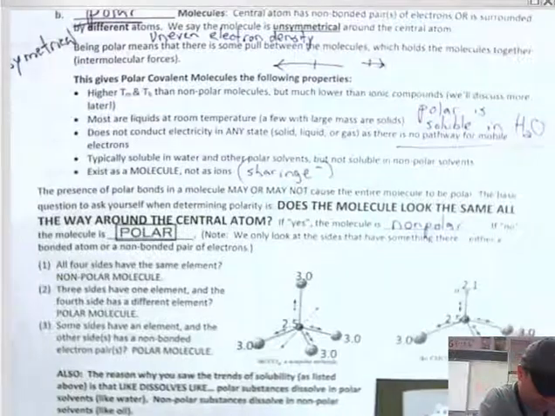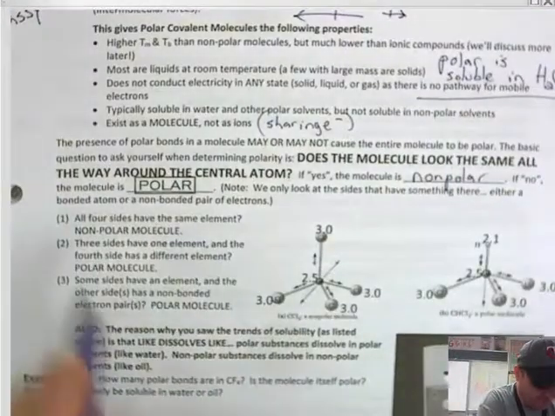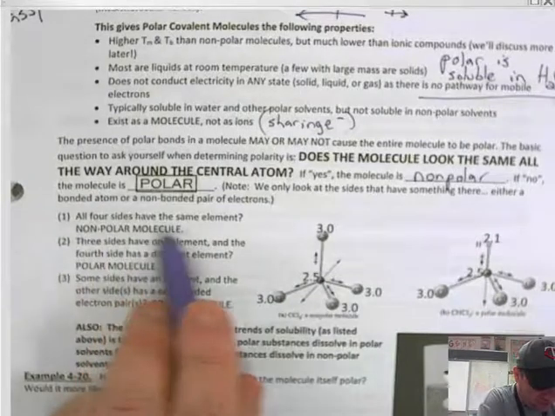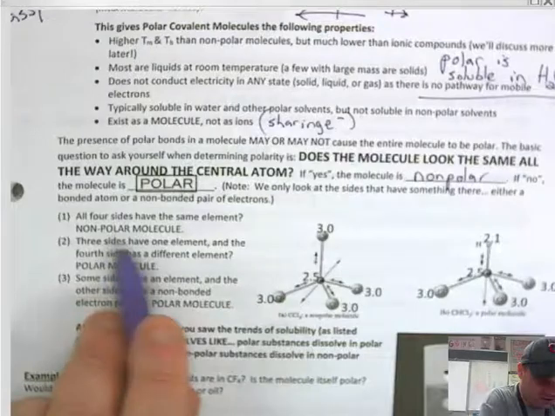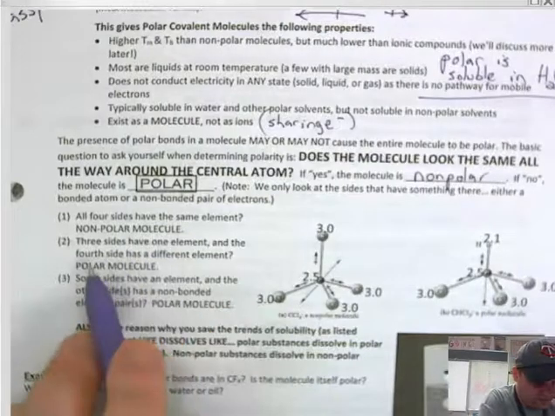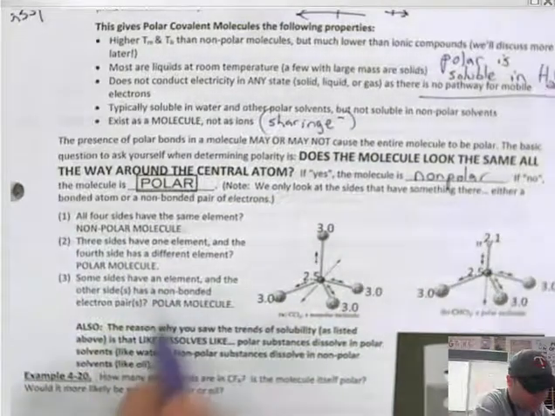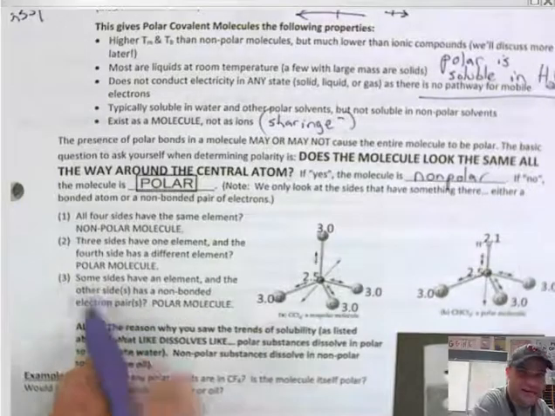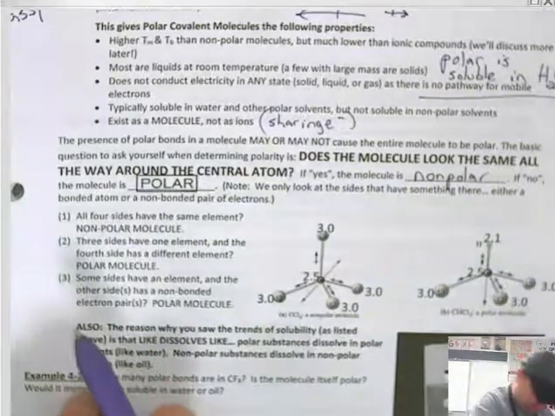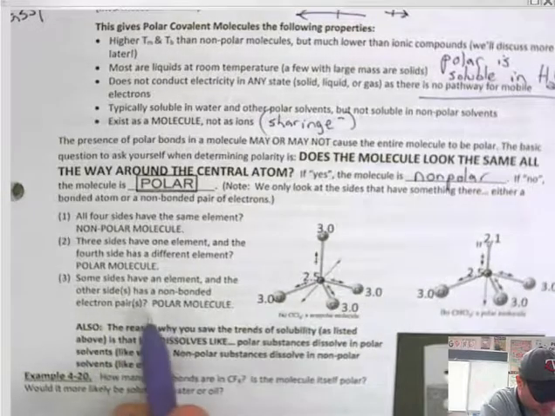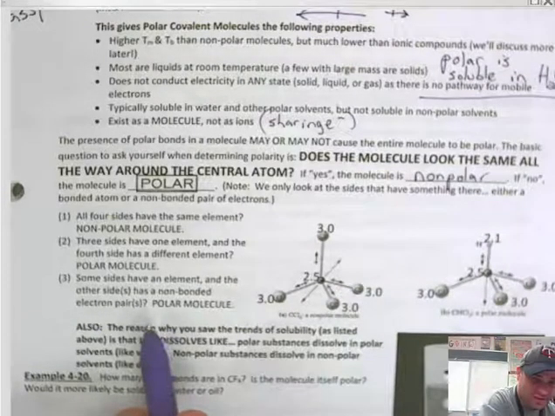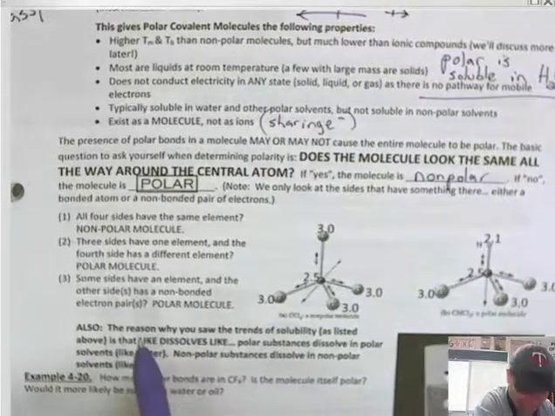So here are some questions you need to ask yourself. Do all four sides have the same element? If they have the same element, it is nonpolar. If three sides have one element and the fourth side has a different element, most likely it is a polar molecule. If some sides have an element and the other sides have a non-bonding electron pair, most likely it is polar.